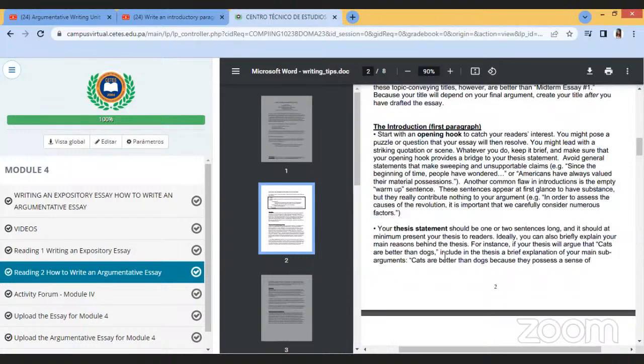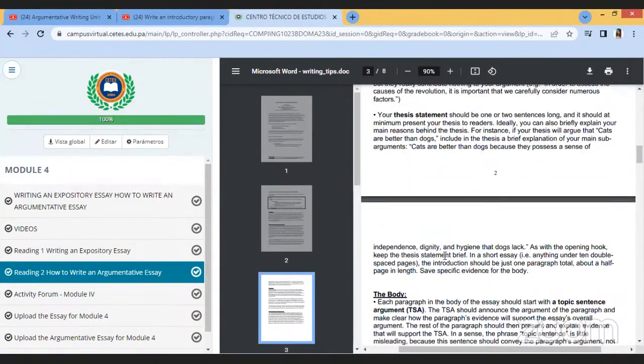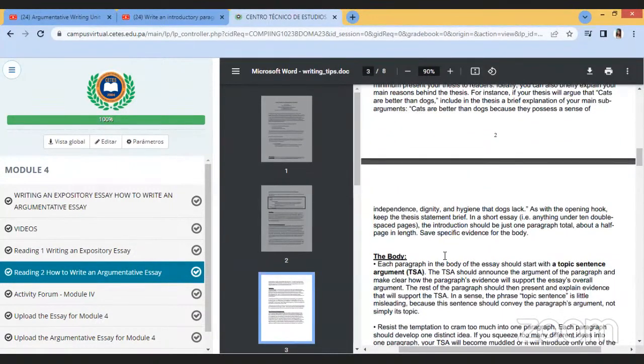Okay? Independence, dignity, and hygiene, that's an example. As with the opening hook, keep the thesis statement brief. In a short essay, the introduction should be just one paragraph total, about a half page in length. State specific evidence for the body.